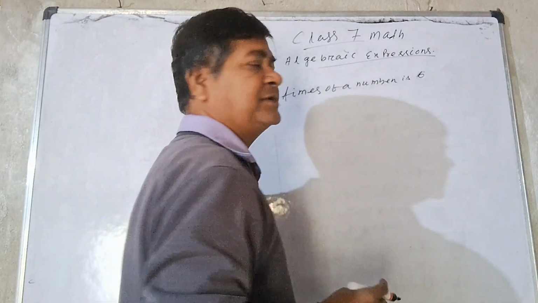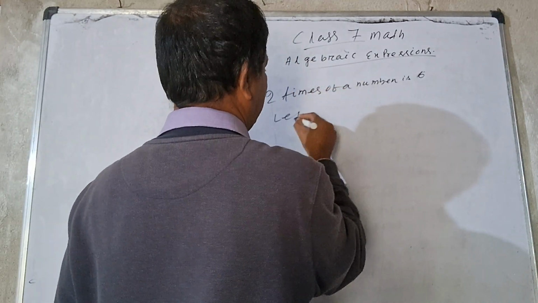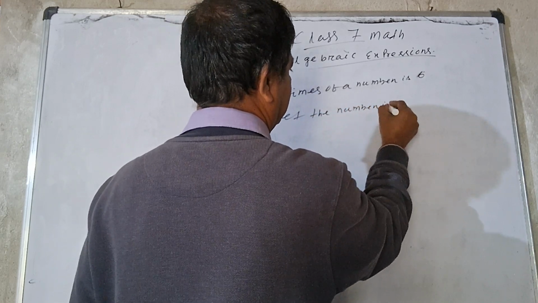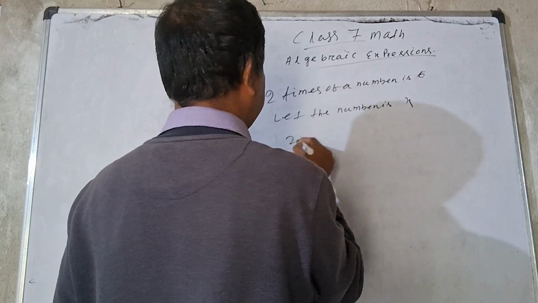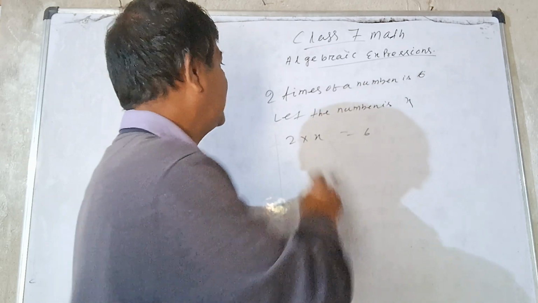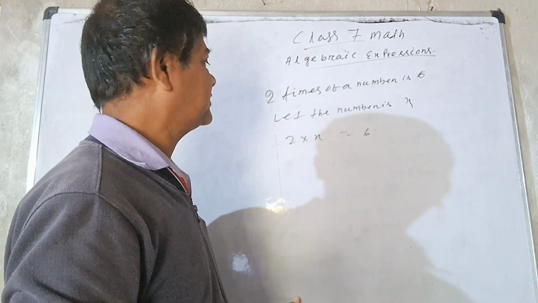You can express it by an algebraic expression. Let the number be x. Then 2 times means 2 into x equals 6. It is the algebraic expression of this mathematical statement: 2 times of a number is 6.